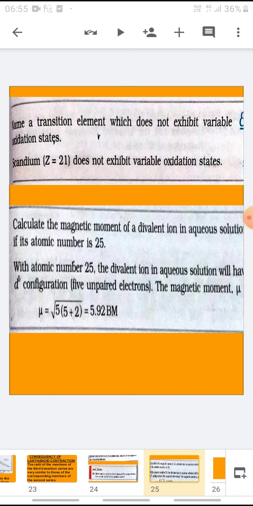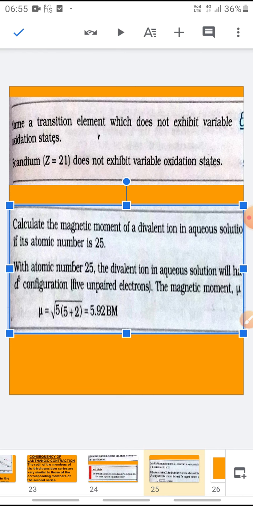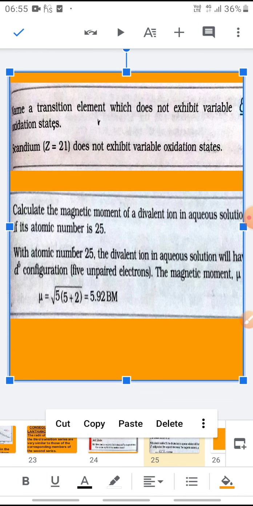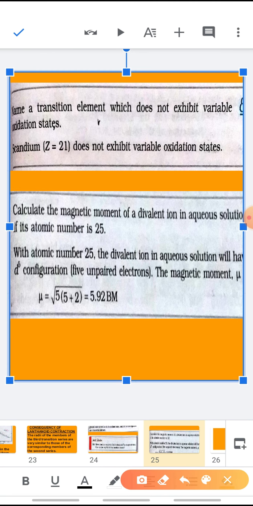The number of unpaired electrons is 5. So the divalent ion in aqueous solution will have d5 configuration with 5 unpaired electrons, and we can calculate the magnetic moment: mu equals the square root of n(n+2). N is 5, so the square root of 5 times 7 equals 5.92 Bohr magneton. So this is the calculation of your magnetic moment.